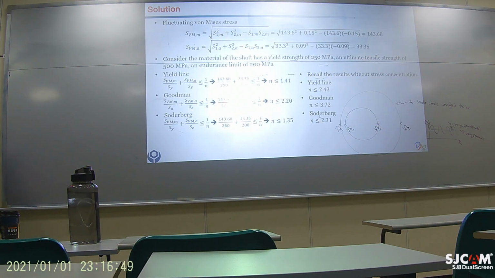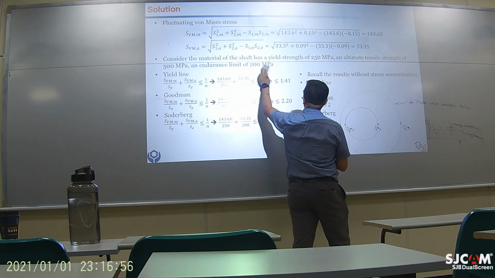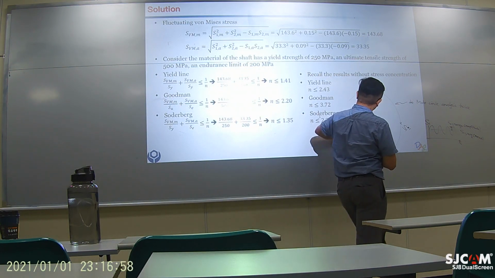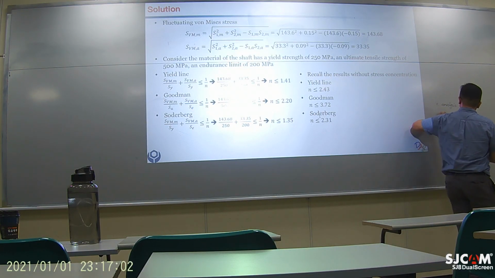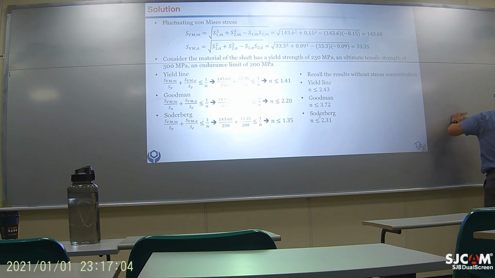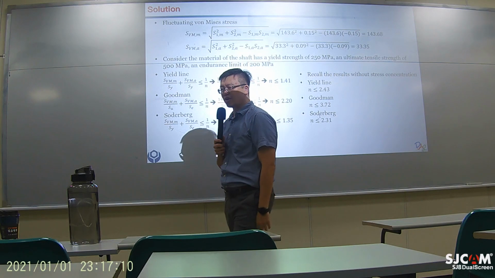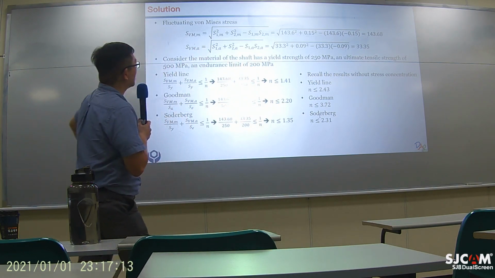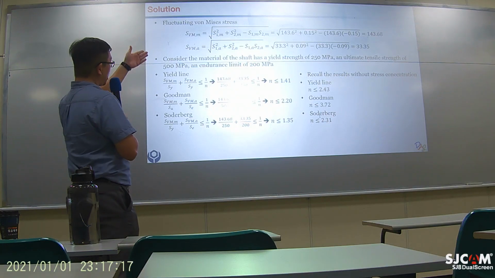Now we need to plug into our design equation. For the design equation, no matter which one you're using, you need to compute the von Mises stress. And this is a plane stress problem, so we can use the von Mises stress equation on the top.